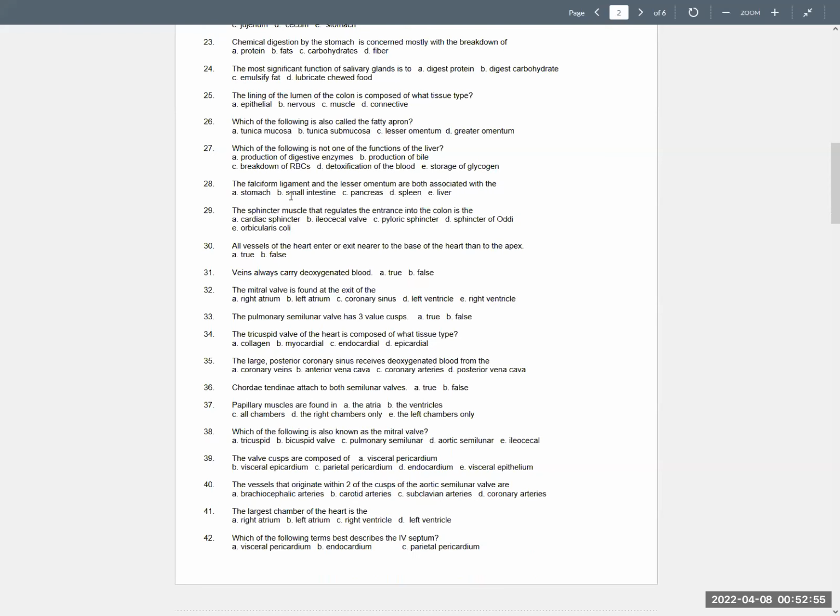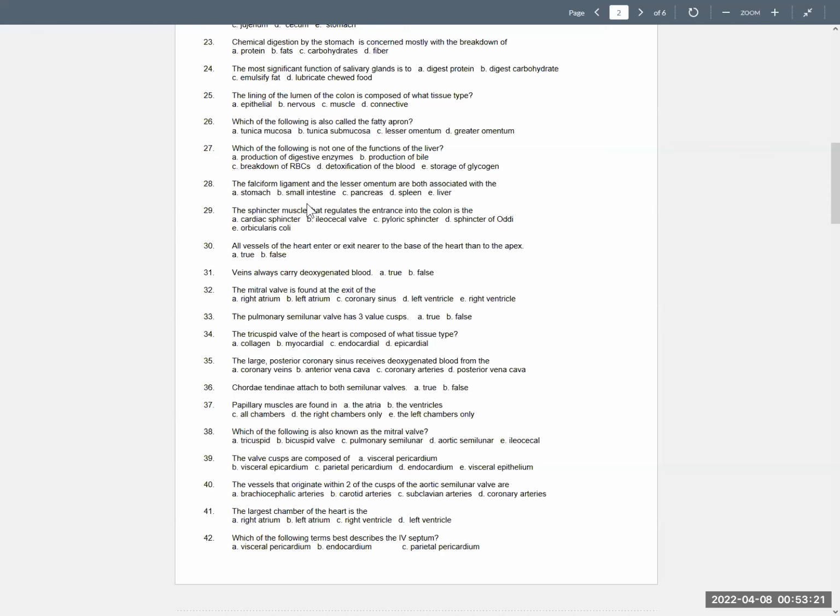The falciform ligament, which is a serous membrane, and the lesser omentum are both associated with which organ? Well, if you can answer one, the falciform ligament suspends what organ in the abdomen? That one's the liver.